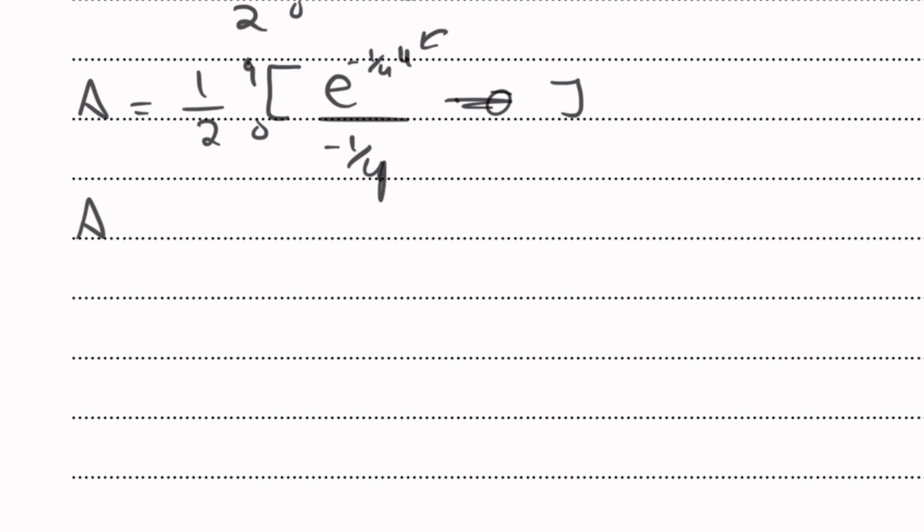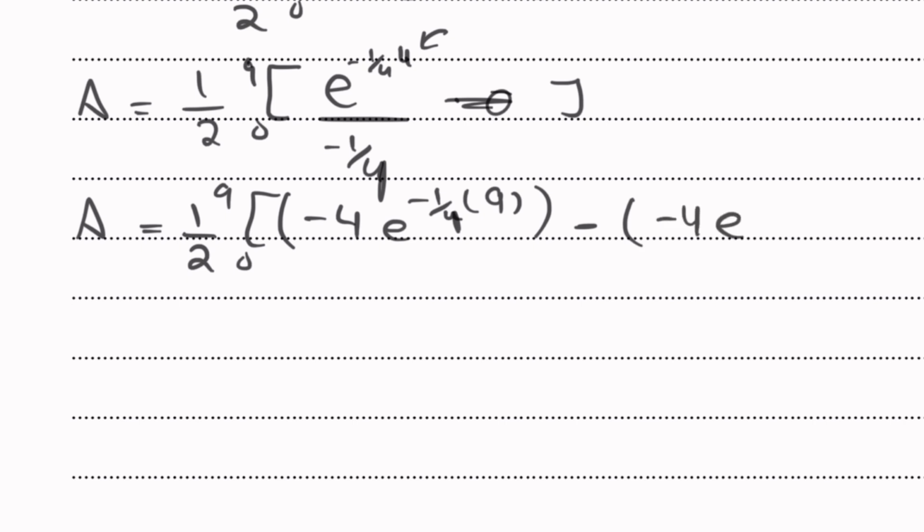And so here we're going to just use the limits from 0 to 9, and when you divide something by negative 0.25, you're just multiplying by negative 4. So 1 over 4 u, times 9, that's the first one, minus 4 e to the power of negative 1 over 4 times 0 instead of u.